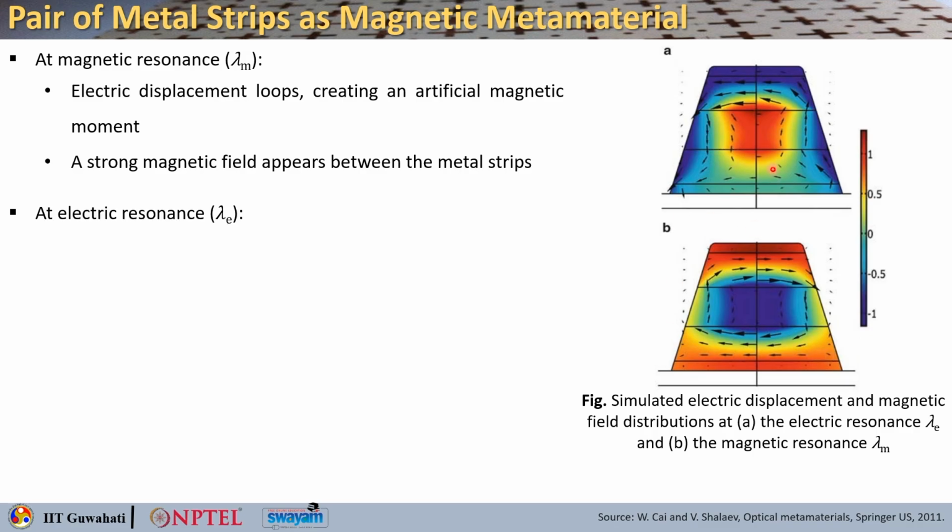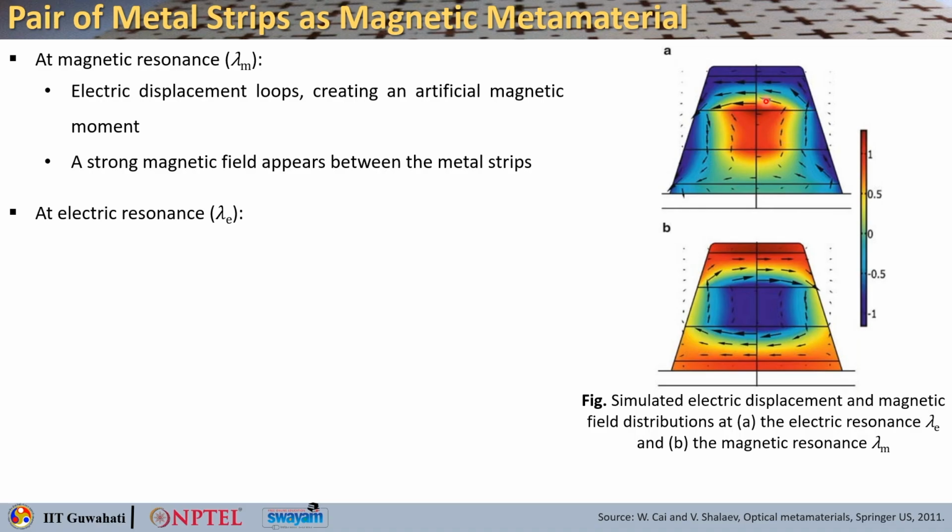Now, if you go to the upper figure, that corresponds to the electric resonance at lambda e wavelength. There you see that the electric displacement is predominantly aligned along only one direction, with small circulating components. That means the magnetic field is much lower compared to the magnetic resonance here.